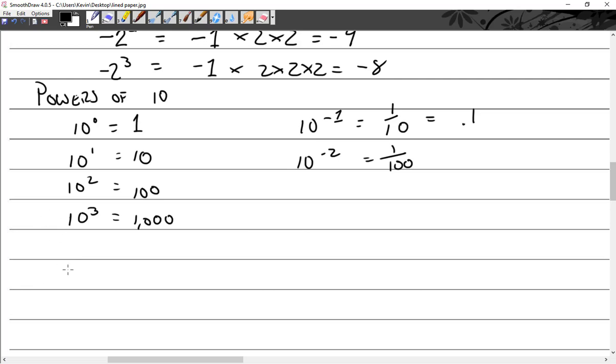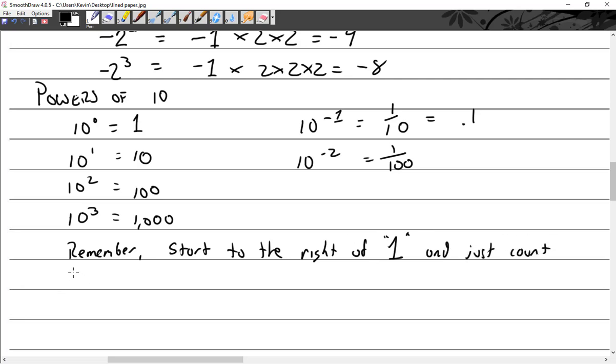It could be confusing, but remember: start to the right of the 1 and just count the number of decimal places to move.